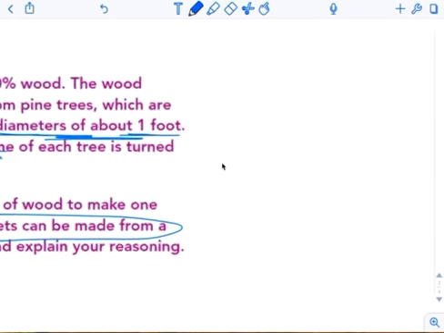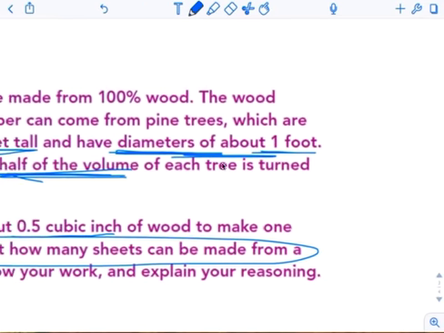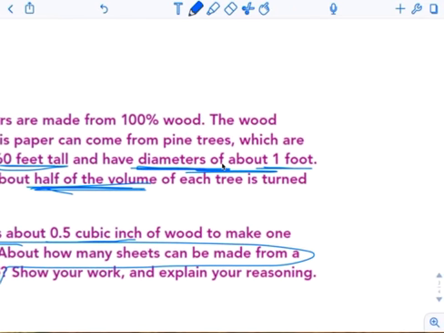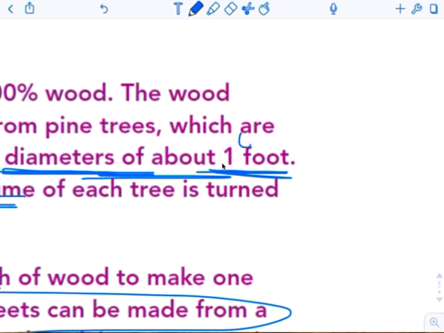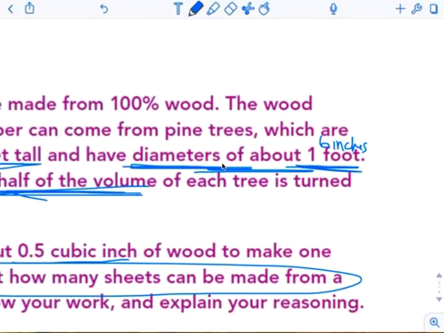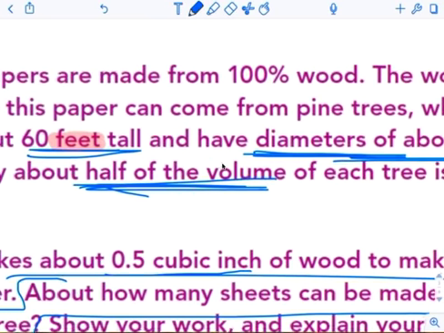Okay, let's show the work here. First of all, we want the radius. The diameter is 1 foot. What's half of a foot? Half of a foot is 6 inches. A whole foot is 12, so half of it is 6. Now here's a problem. This is in inches, and this is in feet. A lot of you in class, I did not see you change this.